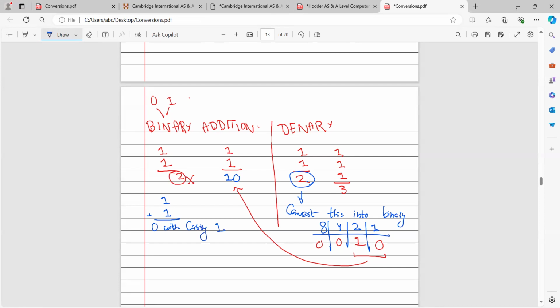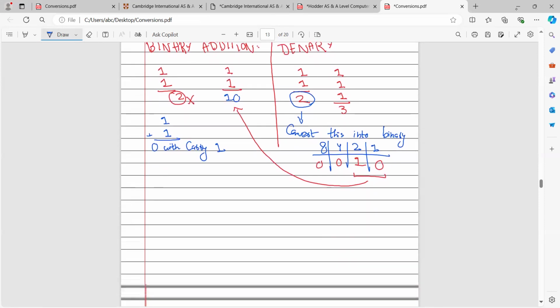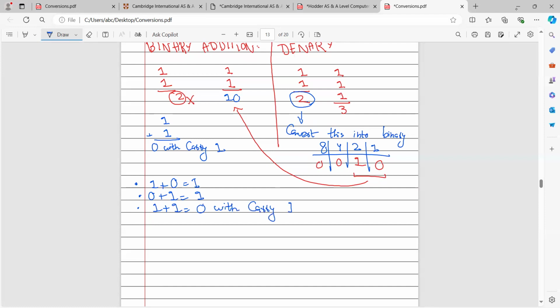No sir. Okay, now there are some number of rules. For example, if you add 1 plus 0, it becomes 1. If you add 0 plus 1, it becomes 1. Now, if you add 1 and 1, it becomes 0 with carry 1. And similarly, if you are adding 1 plus 1 plus 1, it becomes 1 with carry 1. These are the rules.